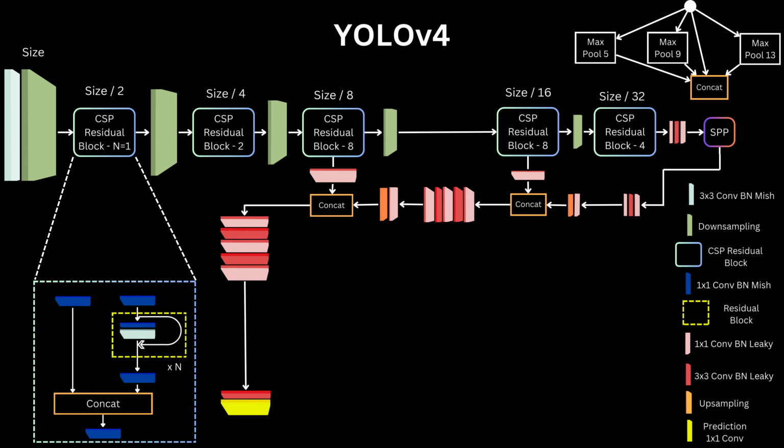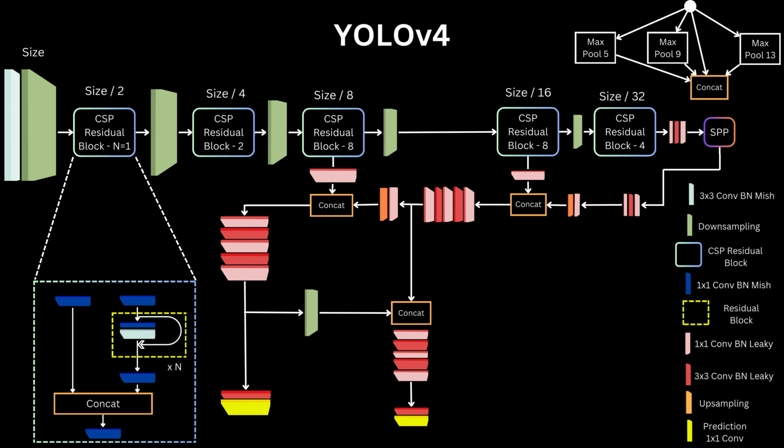Now we'll be going through the bottom-up pathway. We take this highest resolution feature, to which we added prediction layers, then downsample it to get size by 16 dimensional features. We concat this with the size by 16 dimensional feature from the top-down pathway. And again, after 5 convolution layers, we get our features from which we'll make predictions for the second scale of anchor boxes.